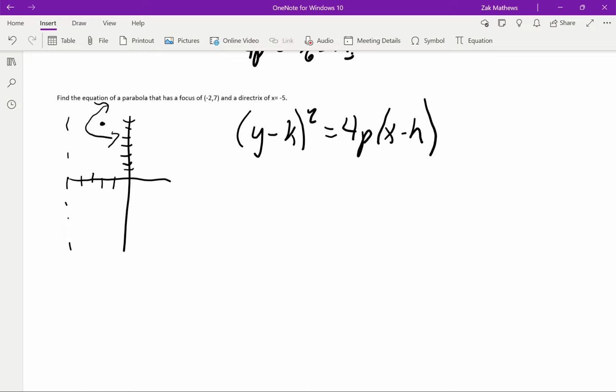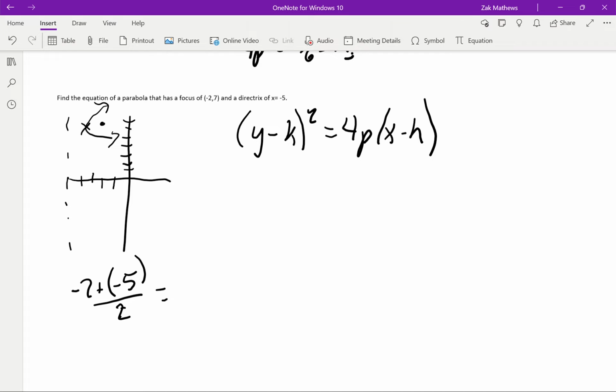Here we have the focus and the directrix. We do not have the vertex. We don't know the h and k right away, and we also don't know the p right away. So remember though that the focus and directrix evenly split the vertex. The vertex has to be exactly in the middle. So if I think, okay, the focus was at -2, the directrix was at -5, I'll figure out the halfway point between them, and I can do that with a simple midpoint, or you could figure out the difference between them and take half of that.